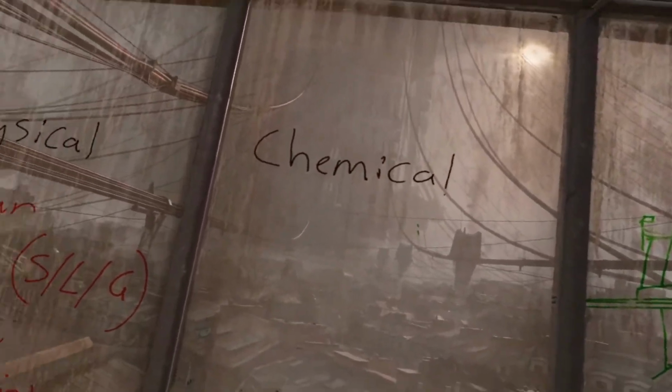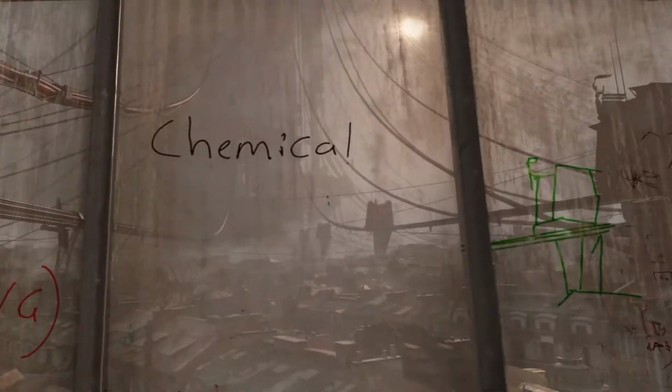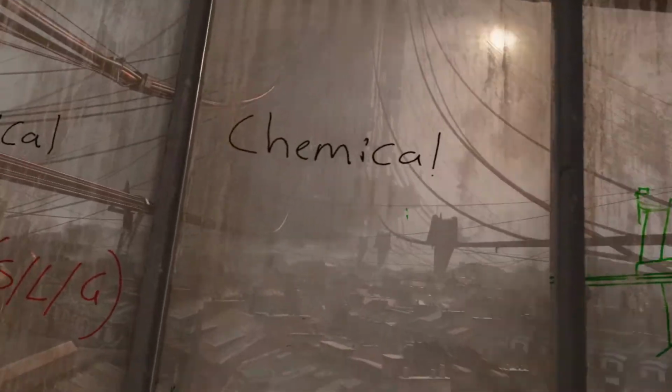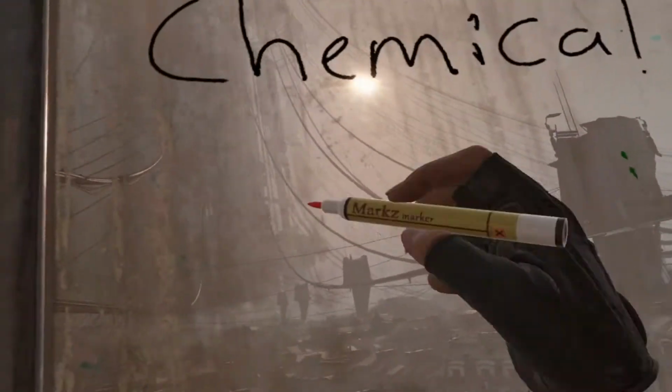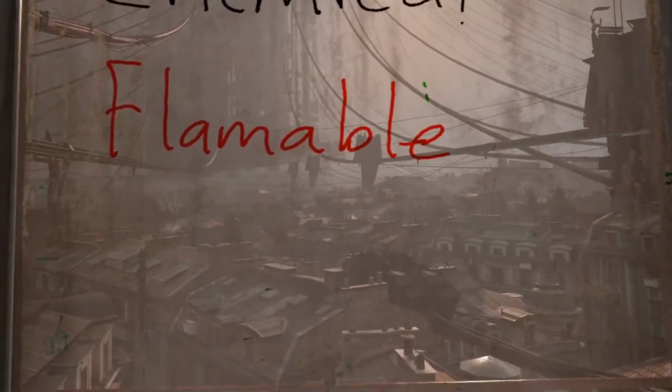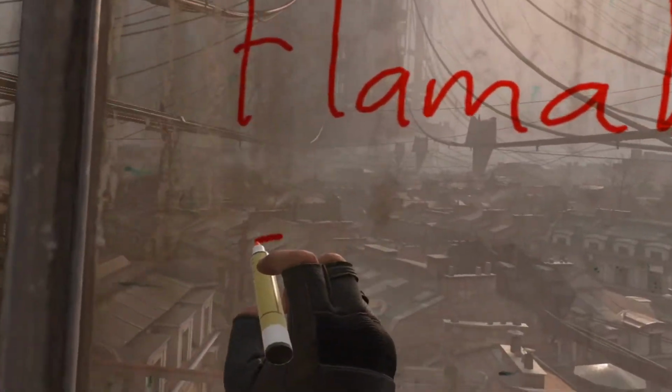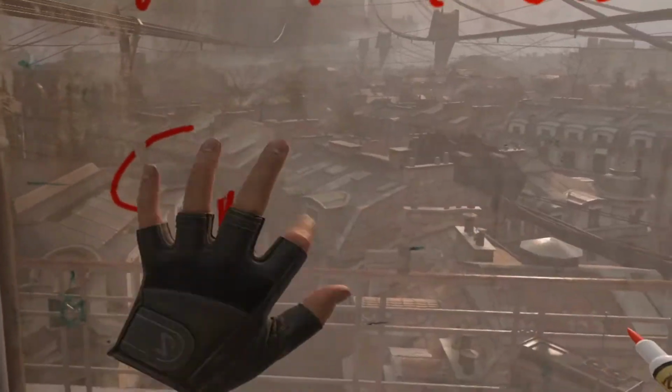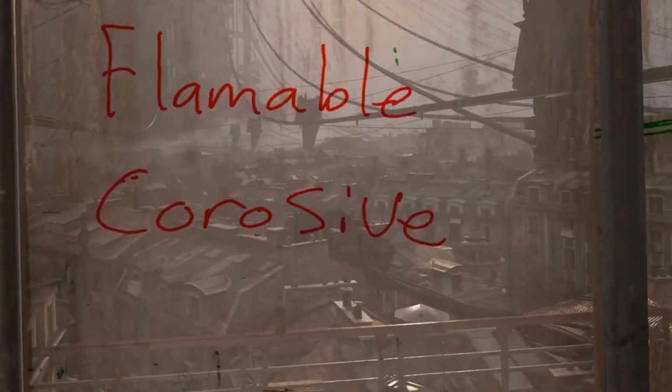Now, chemical properties. A chemical property is how something reacts in different chemical environments. So these can include things like how flammable it is. Another chemical property is how corrosive something is. And how toxic it is to people and animals and plants.